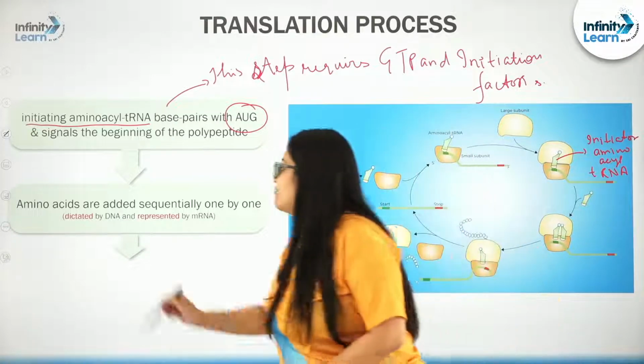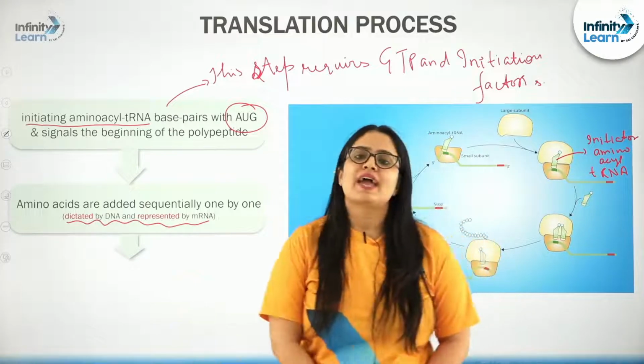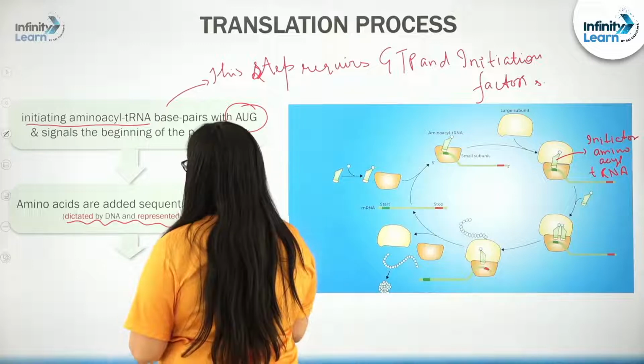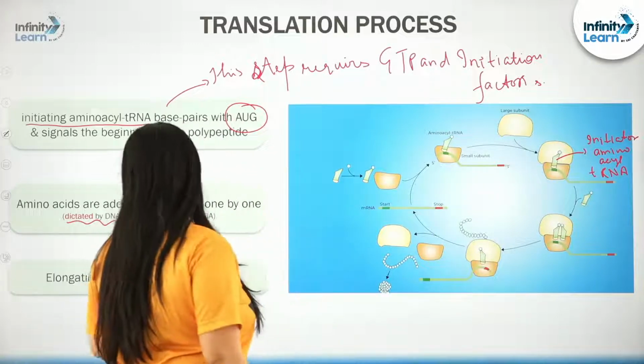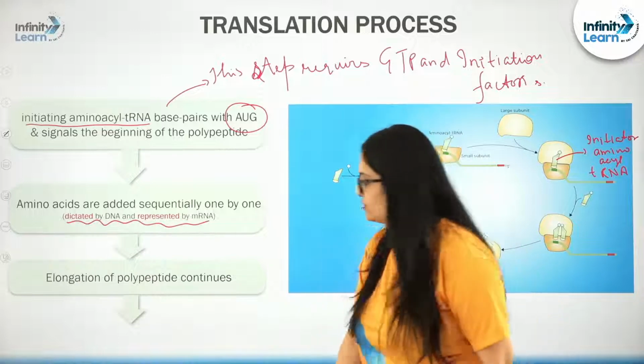Do not forget, this is a very beautiful line, dictated by DNA and represented by mRNA, very, very beautiful line. So, this elongation will take place. Next, see students, this is how elongation will go on and continue.